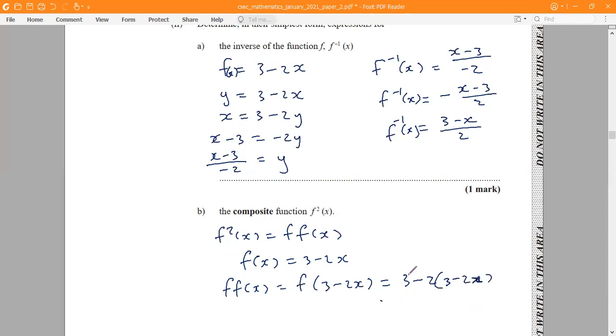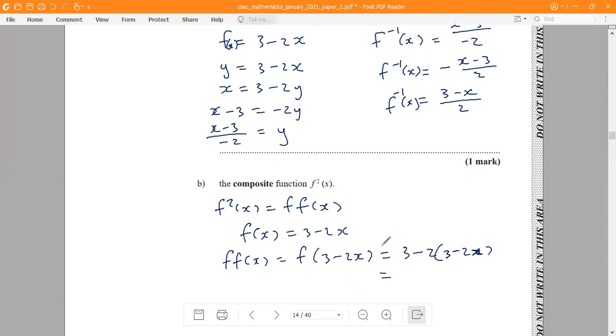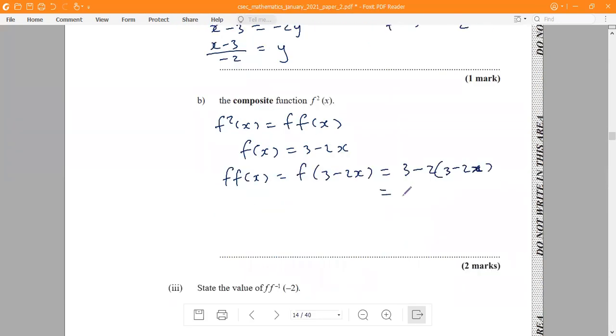All right, so that will be equal to 3 minus, and 2 times 3 is 6. 2 times -2x is -4x, but a minus negative will give a positive. So we have plus 4x. 3 subtract 6 is -3. So we have 4x minus 3. And this is equal to f squared of x. That's the answer for that.